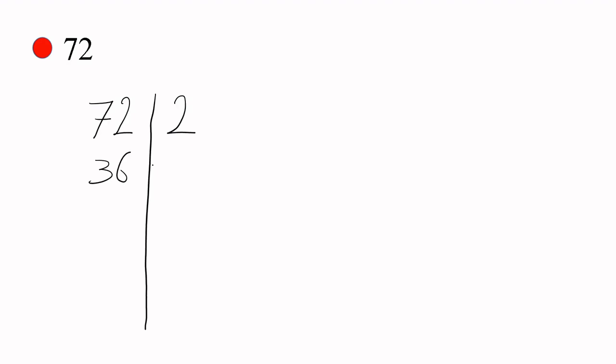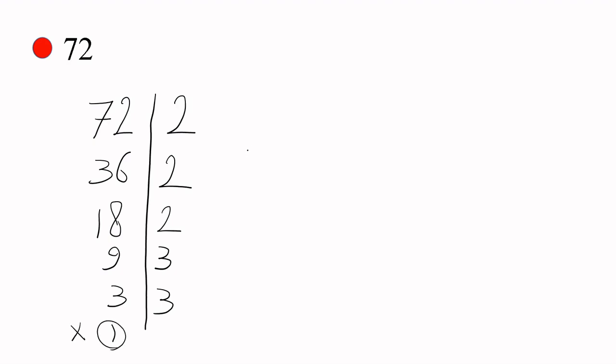Is there any number that I can divide 36 by? Yes, 2 again, 18. Again 2, 9. Again 3, this time 3, and 3 divided by 3 is going to be 1. When I reach 1, the process is stopped.